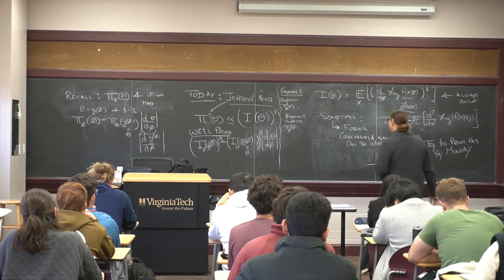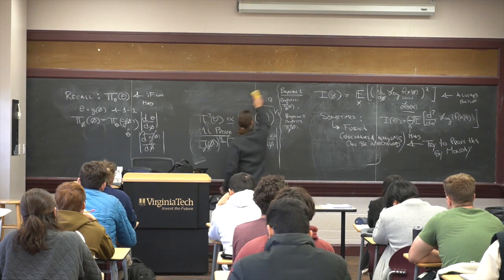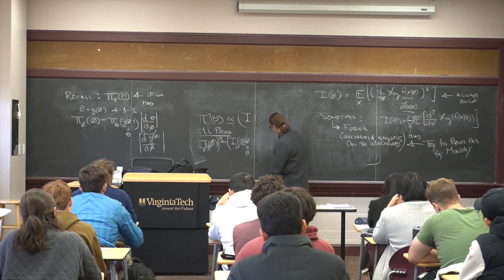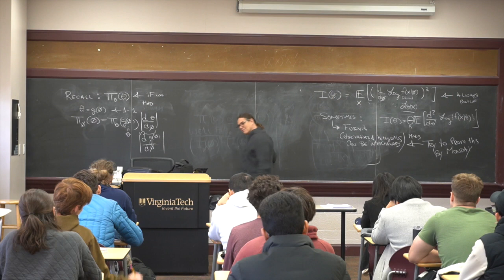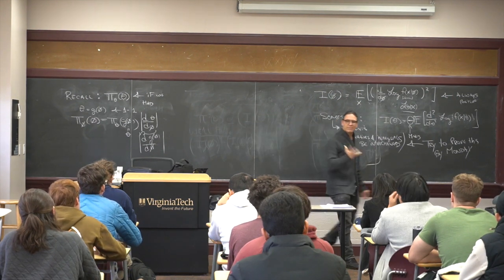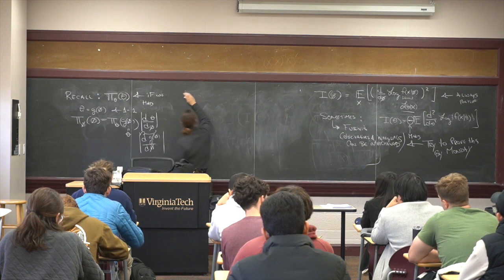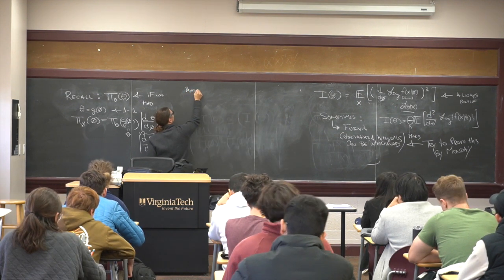Let's do an example. So here's Bayesian 1. Bayesian 1 likes to think about variances. So they're on V scale.